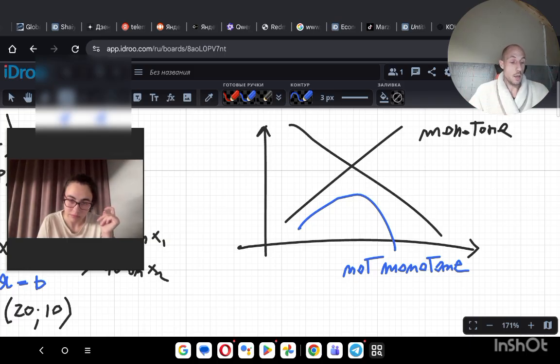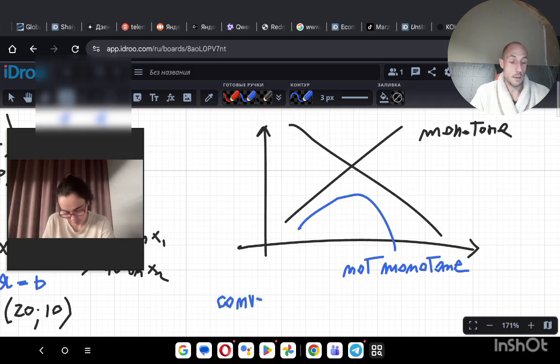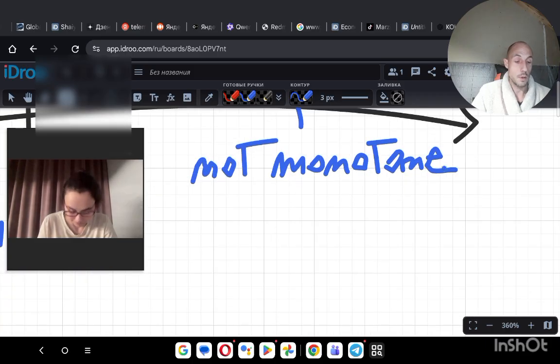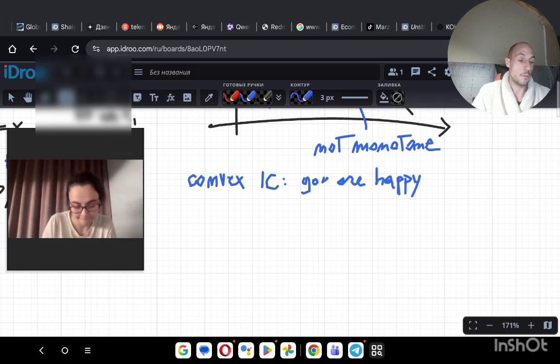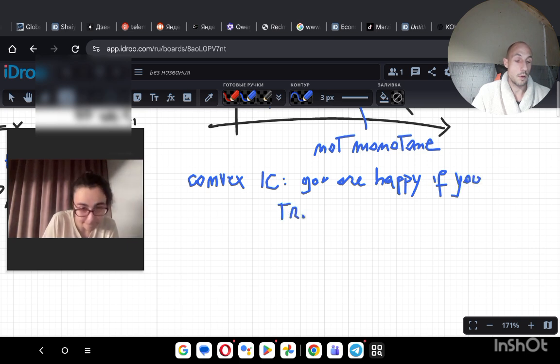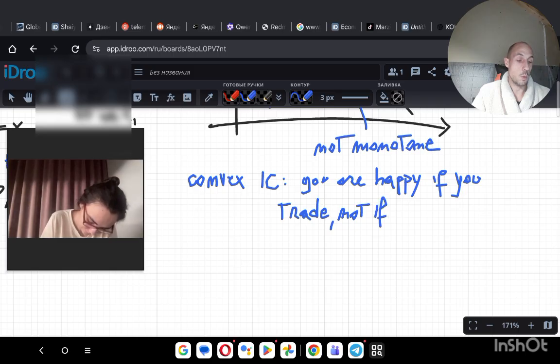So convex IC means you are happy if you trade, not if you give away both.